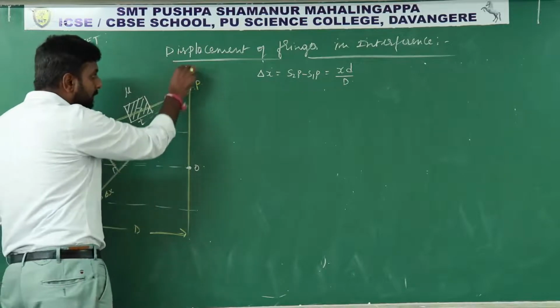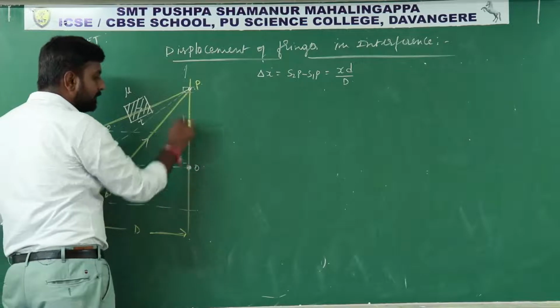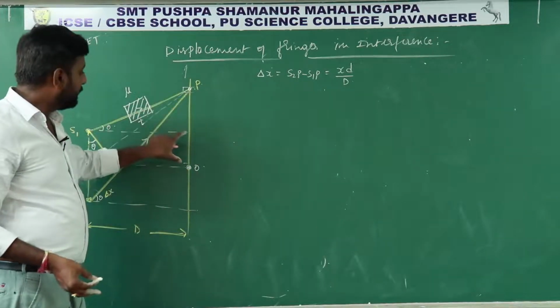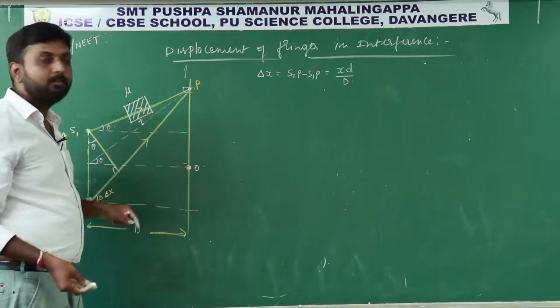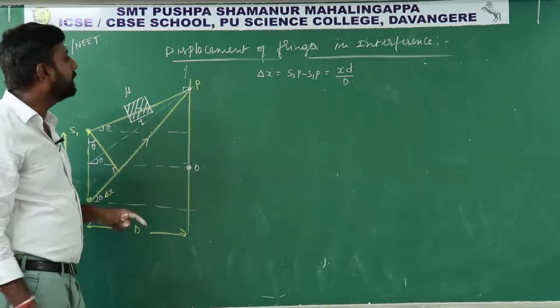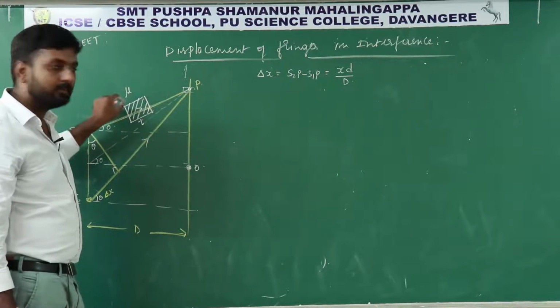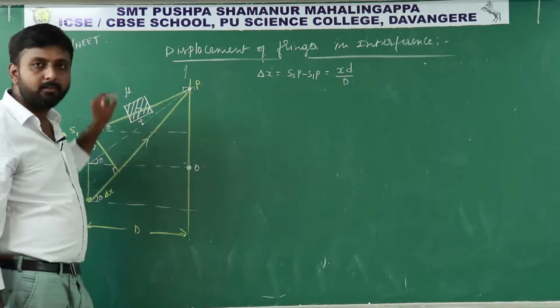Similarly, this fringe is shifting upward, which means the central maxima fringe also will shift upwards. How much distance the fringes are shifting upwards, that distance we will calculate. That is called the displacement of fringes in interference. That shift is happening due to introducing the glass slab in the path of the beam or wave.